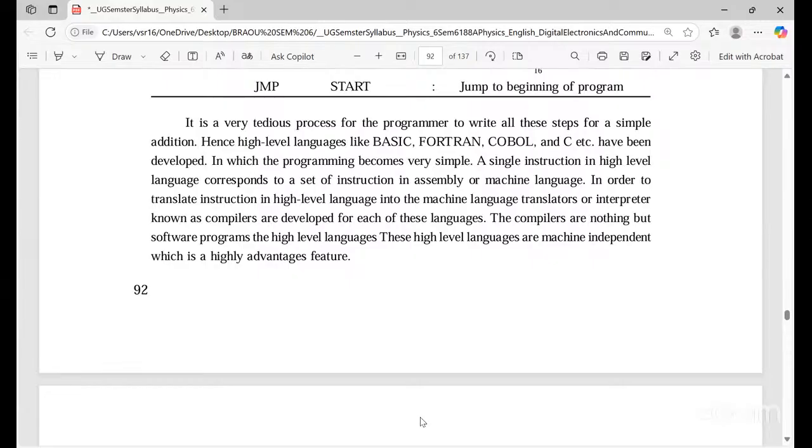So we give the instruction in high level language, which is translated into a set of instructions in assembly or machine language.